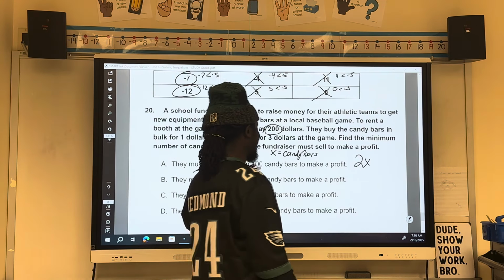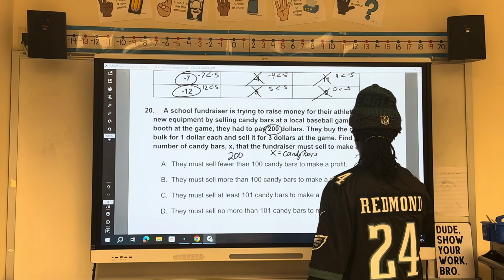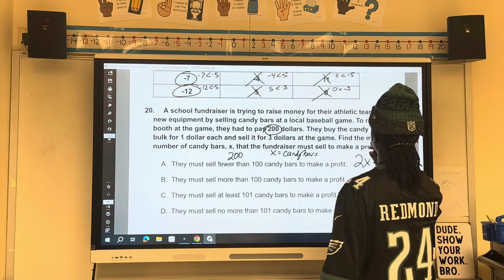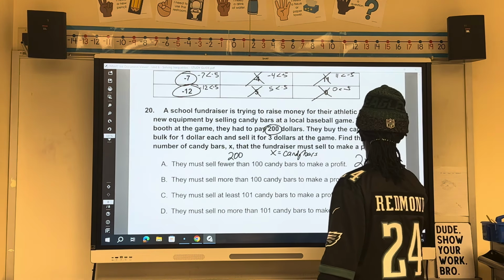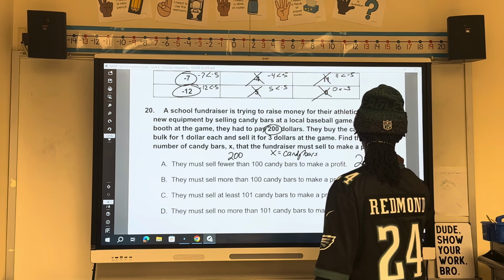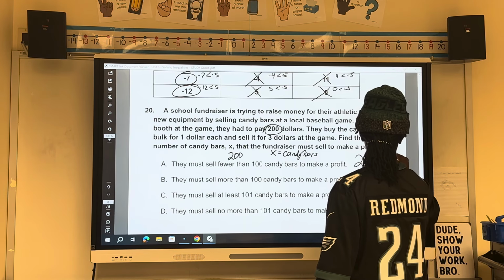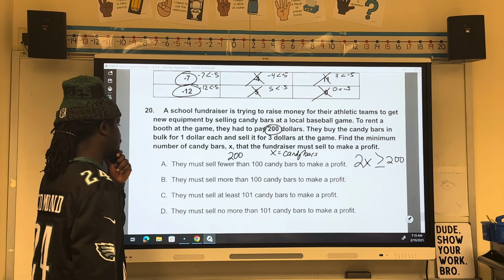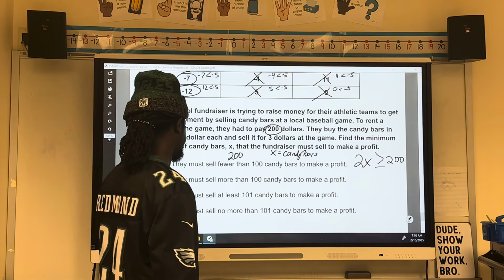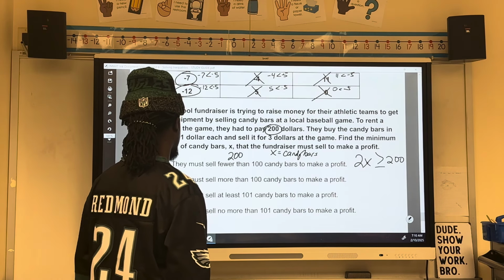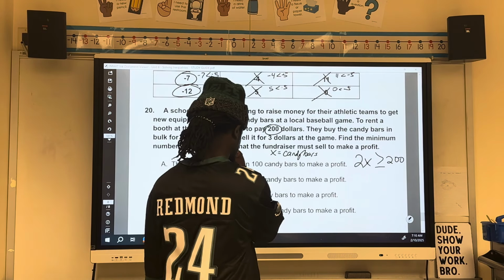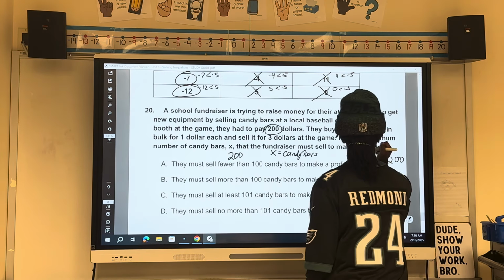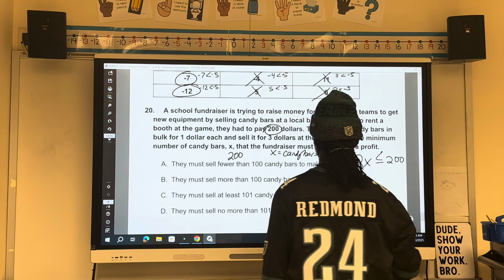And then I need that to be greater than or equal to 200, which is what they spent. So to make a profit, find the minimum number. Oh, the minimum, sorry. What's the minimum number of candy bars?